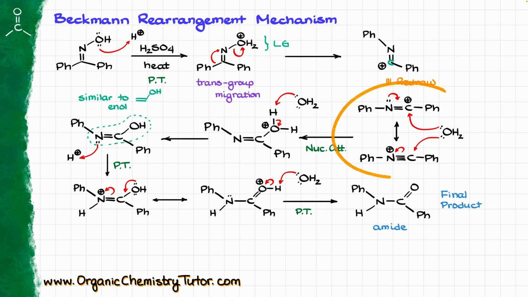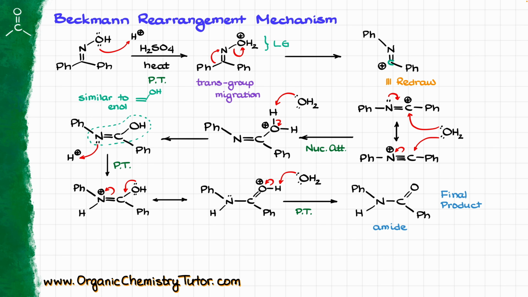That gives us a resonance-stabilized intermediate, which is incredibly electrophilic, that is immediately attacked by the nucleophile in the system, which is water, which after a number of proton transfers is going to eventually lead to the formation of the amide via the tautomerism that we are going to have for our intermediate. So this mechanism really combines multiple aspects of both first and second semester organic chemistry.